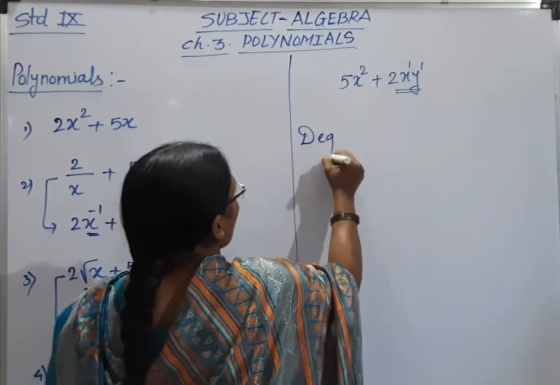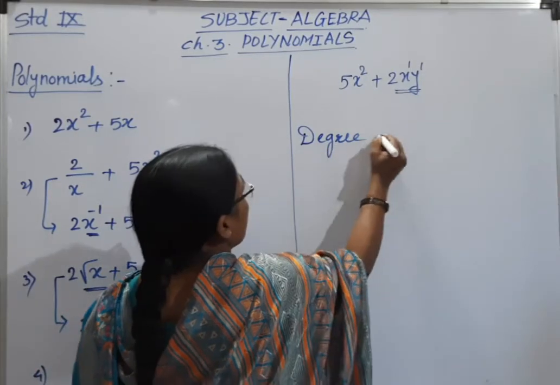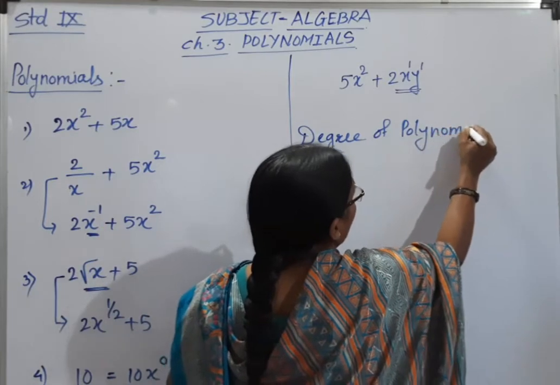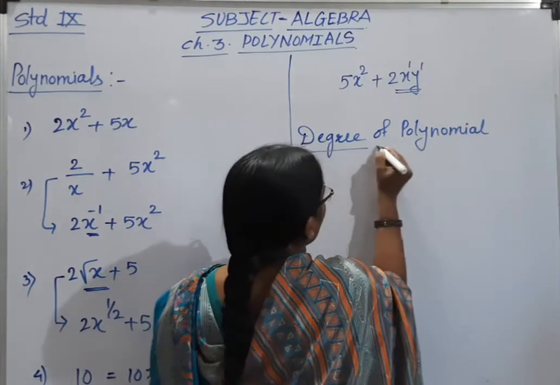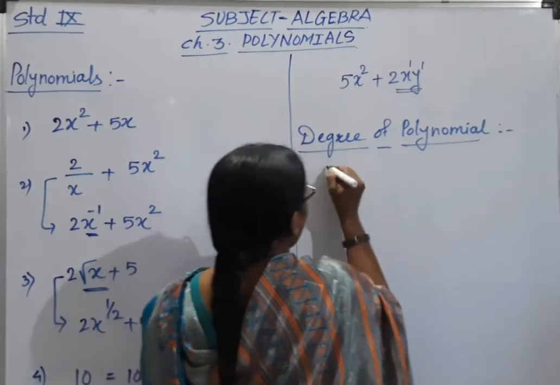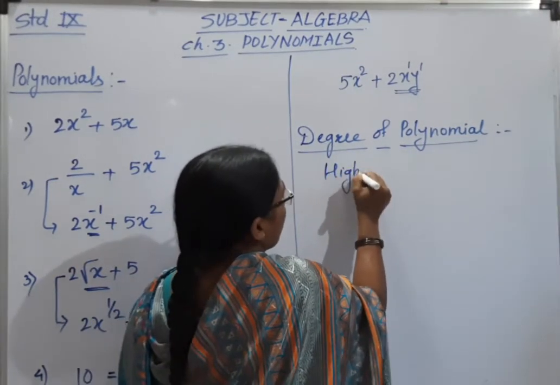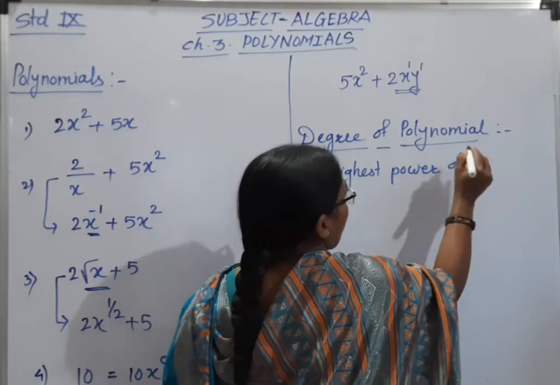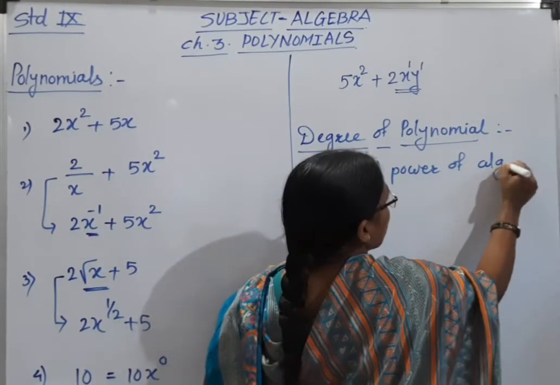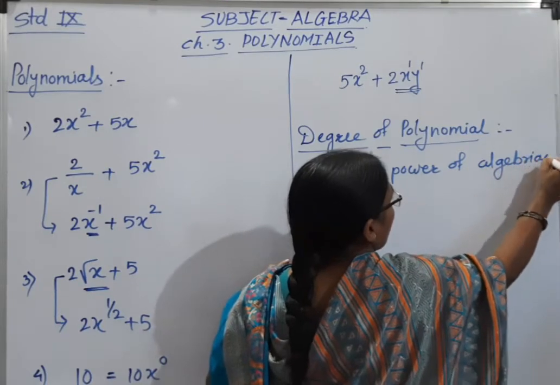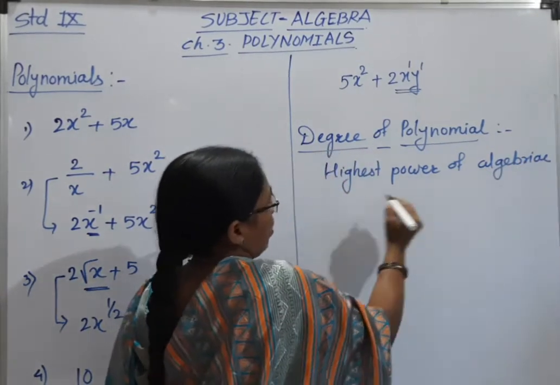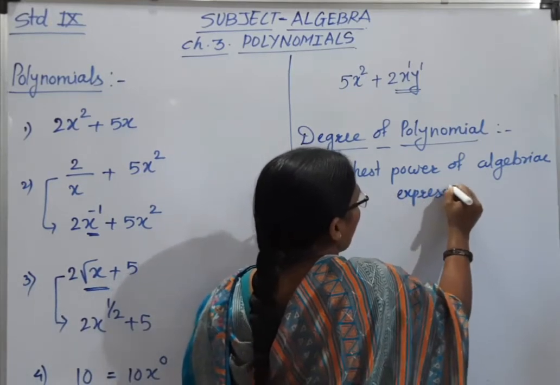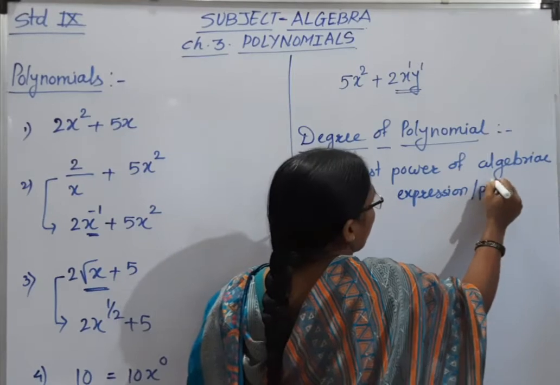Degree means it is the highest degree of the polynomial, meaning it is the highest power of the algebraic expression, or the highest power of that polynomial.